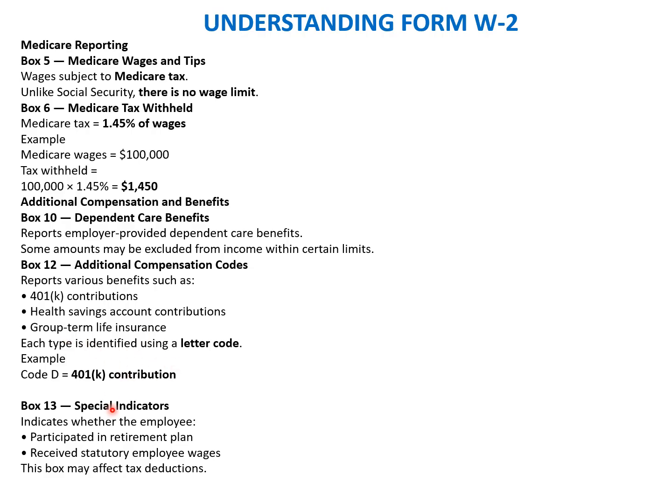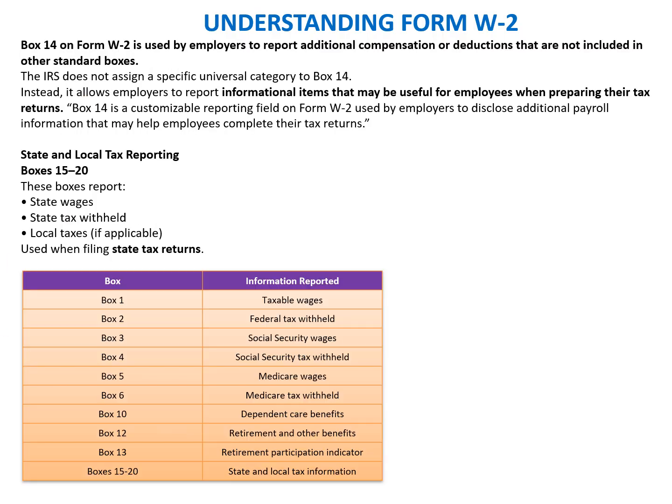So all these can appear in various places of box 12 to provide all the relevant information, which includes any kind of deductions. Then we have box 13, special indicators: whether the employee participated in the retirement plan or received statutory employee wages. This box may affect tax reduction because tax deduction depends upon the contribution by the employee to various schemes. We'll move to the next slide and see the rest of the boxes.